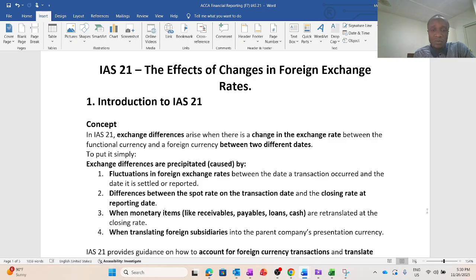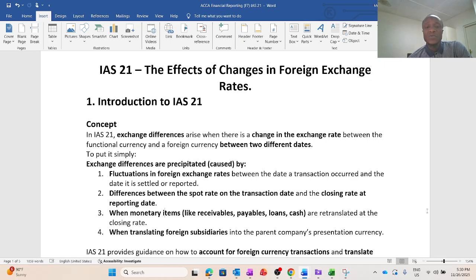It might be 22 per dollar, or it might be 19 per dollar, whichever rate it might be. So that difference between the exchange rate at the transaction date, which is 20, and the exchange rate at the settlement date or the reporting date, which is 22 or 19, is what we are going to treat under IAS 21. So the first reason why we are going to implement IAS 21 is when there is a change in the exchange rate between the transaction date and the settlement date.